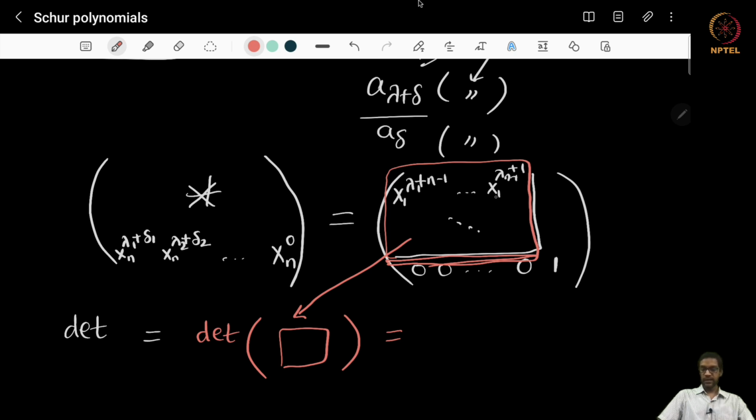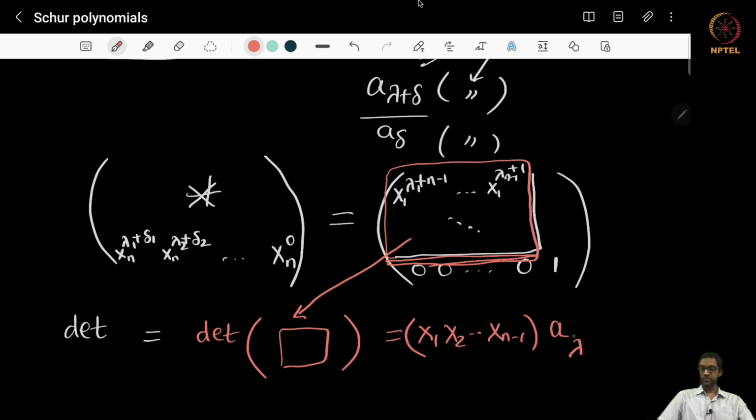I observe that I can pull out x1 common from the first row. Every element is divisible by x1. The second row, every element is divisible by x2 and so on. So actually you can pull out an x1, x2, up to xn minus 1 common by pulling out the appropriate variable from each component, and what's left, if you think hard, is actually just the same thing, a lambda truncated.